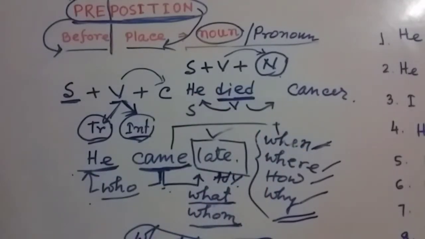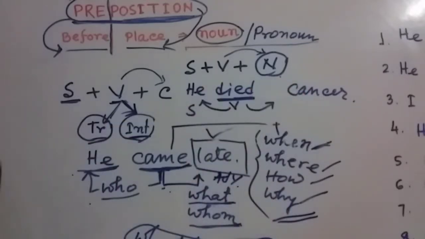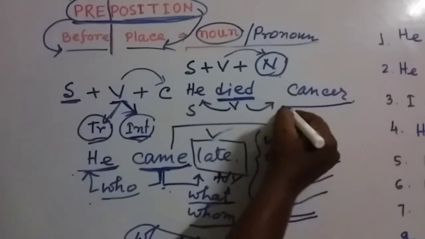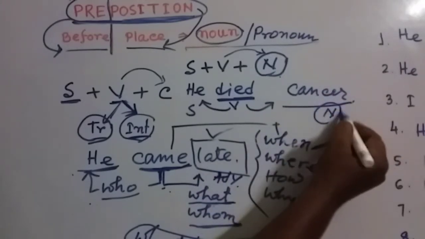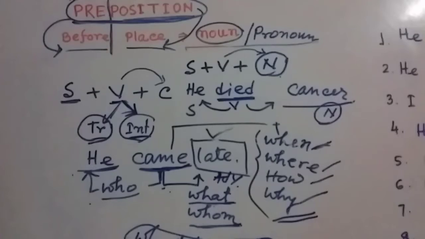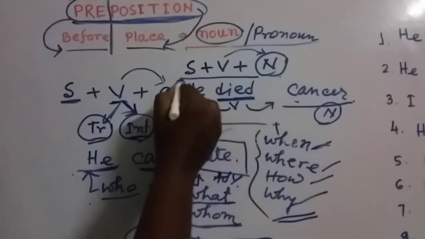Intransitive verb means there will not be the receiver of the action. As a result, there is no object. Rather, this is the complement of this sentence, and this is a noun. Now, my dear friends, we have to link this noun with the rest of the words.